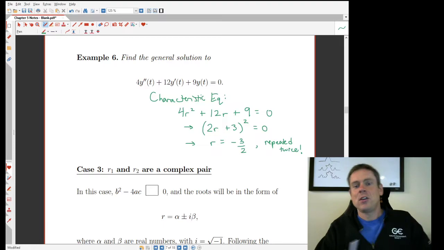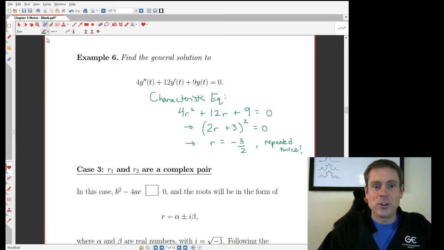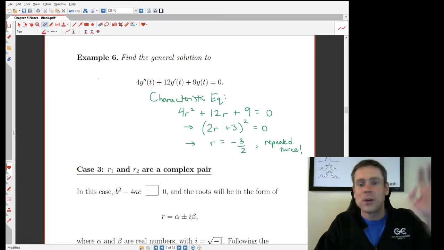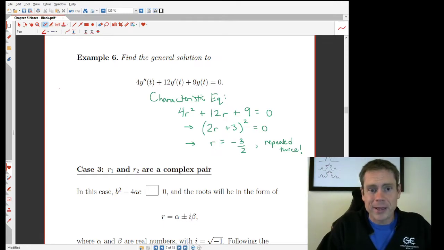So in this case, you would go to write down your solution. It's as quick as ever. There's nothing super difficult about it. But you just have to remember the different form and write it down correspondingly.